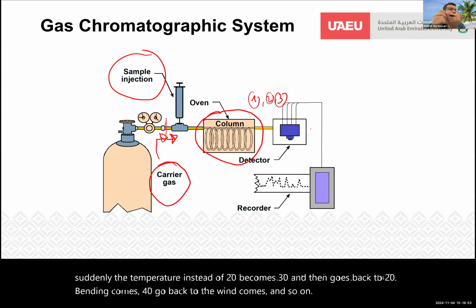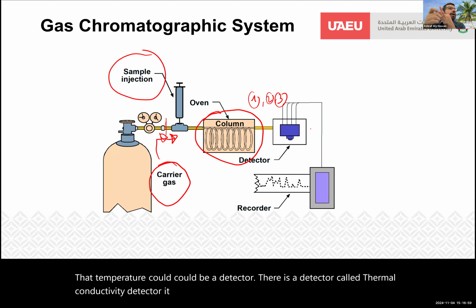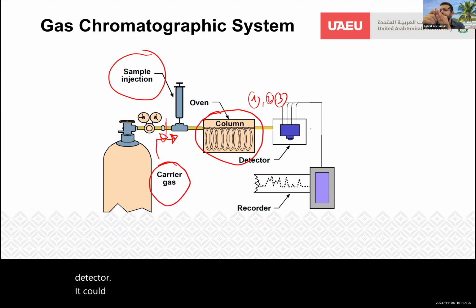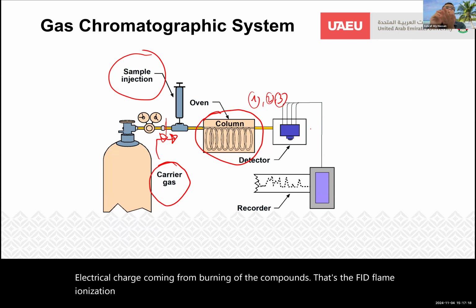That temperature could be a detector. There is a detector called the thermal conductivity detector. It could be ECD, electron capture detector, electrical charge. It could be electrical charge coming from burning of the compounds. That's the FID, flame ionization detector. There are so many detectors out there.